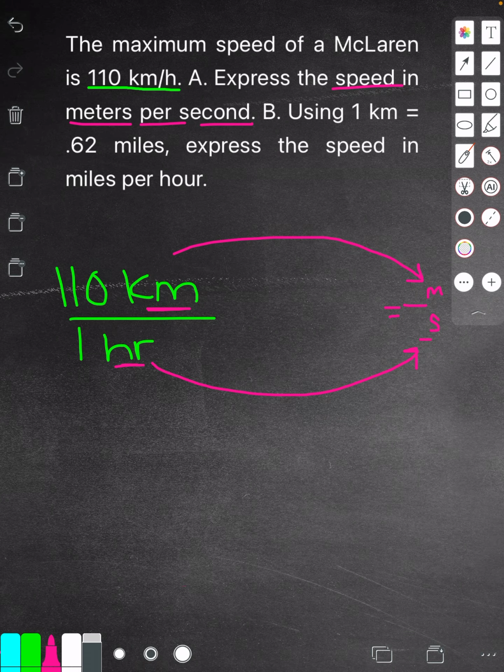Whoa, that's two things that are changing. That's to show you that this is going to be a two-part problem. You can choose one to do now, or we can set them both up at the same time. I'm actually going to do one at a time, just to show you how to do it that way.